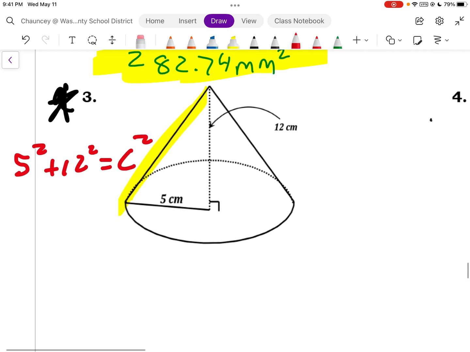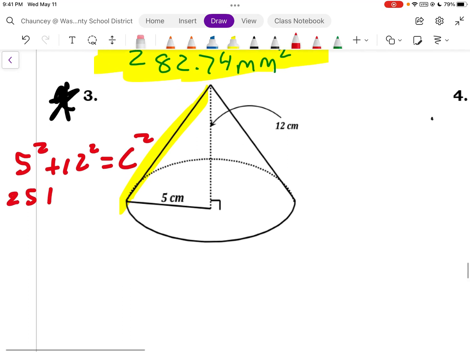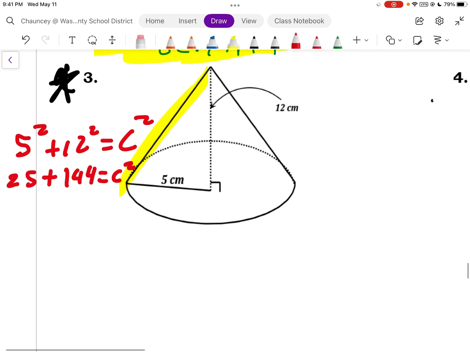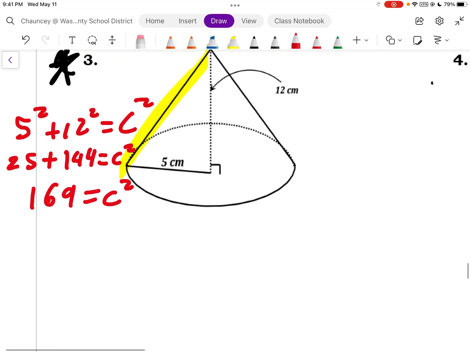So 5 times 5 we know is 25. 12 times 12 we know is 144 equals c squared. If you add that together and square root it, 144 plus 25 gives you 169. If you know your square roots, you know that that is a perfect square of 13. So now you have your slant height of 13 up here. So we got that piece of the puzzle.